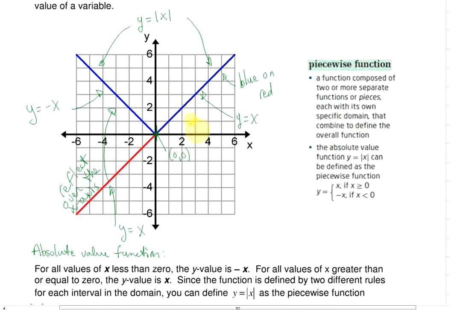So that means that this part of the graph, y equals x, is true when x is greater than or equal to 0. Okay, and y equals negative x for your absolute value is true for when x is less than 0. So you can see this is where your piecewise function comes in. All right, here and here.